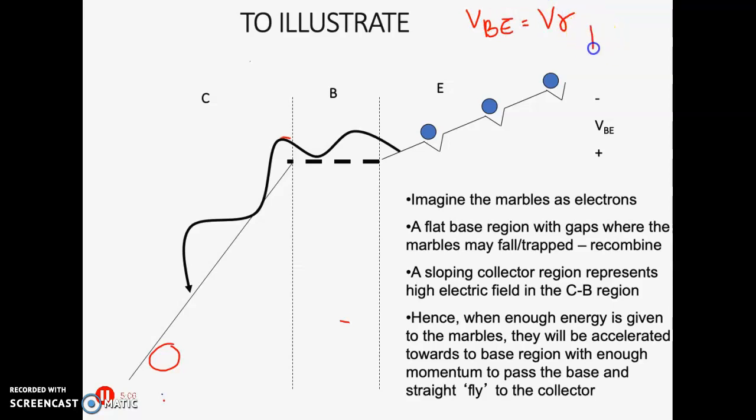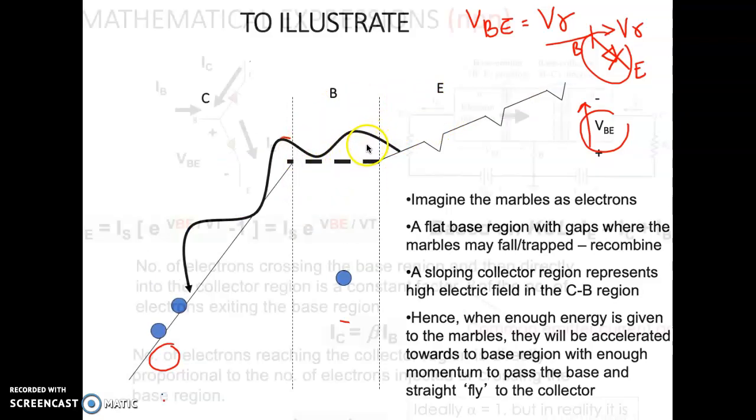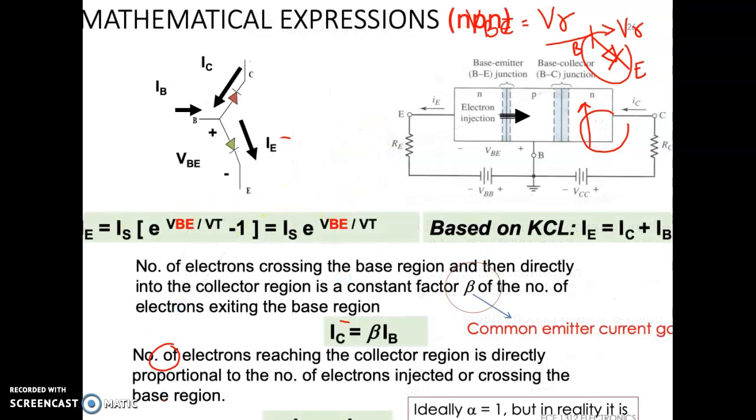This is your base, this is your emitter, you have a diode right here. The voltage here must be more than the turn on voltage, that is V gamma, in order for this to turn on. So it must be higher than your VBE in order for the electrons to flow. When it is much larger than your VBE, what will happen? Next, the electrons will start to accelerate to the base. Since the base is thin and lightly doped, they will go through to the collector.